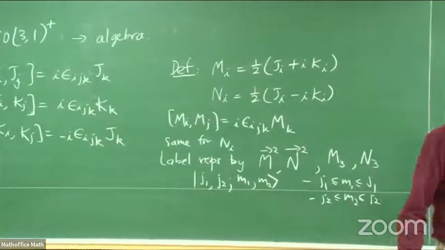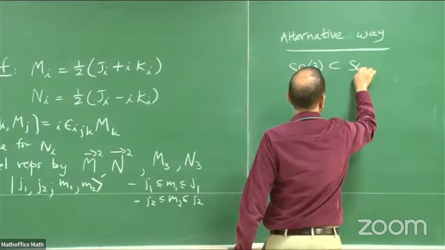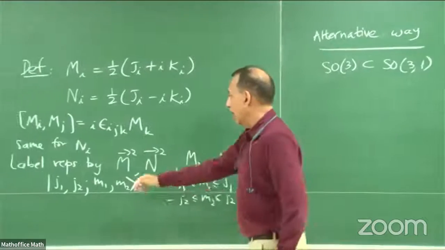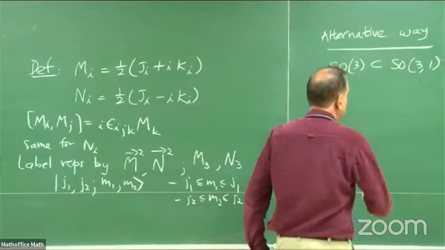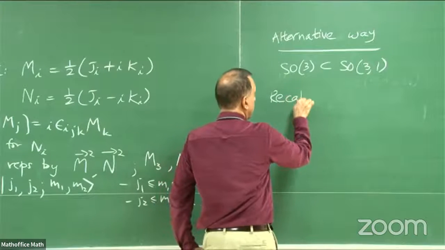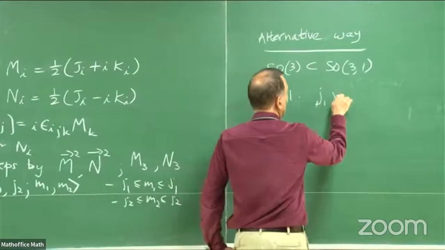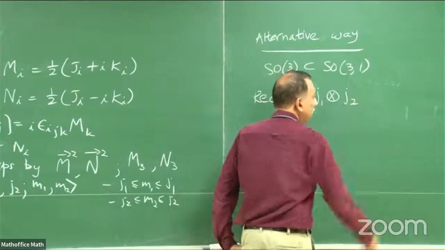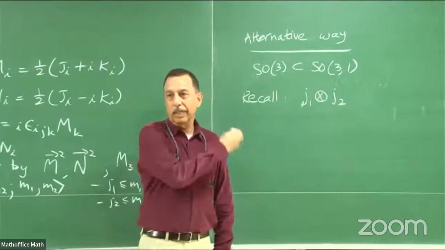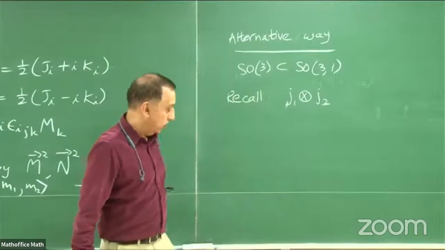Okay. So with respect to the SO3 group, subgroup of SO3,1, how do we understand these labels? And the answer is basically the same as the product formula for two values J1 and J2, the tensor product of two representations of angular momentum J1 and J2 in a single SO3.